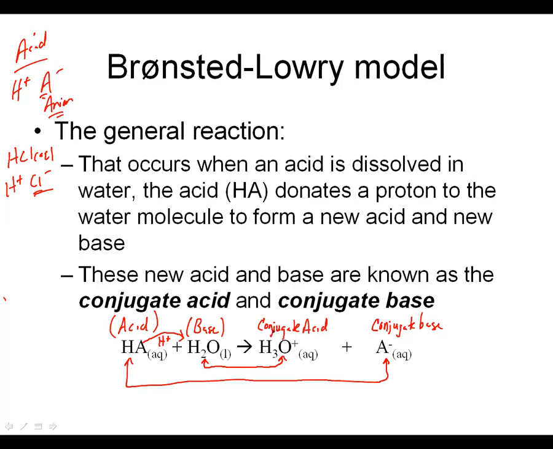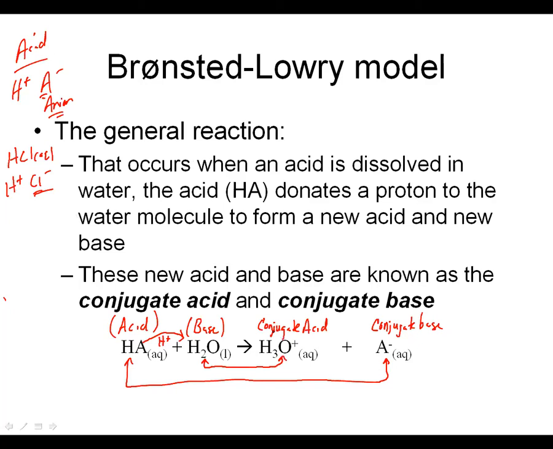So the Brønsted-Lowry definition makes these pairs. The plain acids and bases are always found on the left-hand side of the arrow, which is your reactant side, while your conjugate acids and bases are always found on the product side, which is where we have our H3O plus in this case and our A minus.